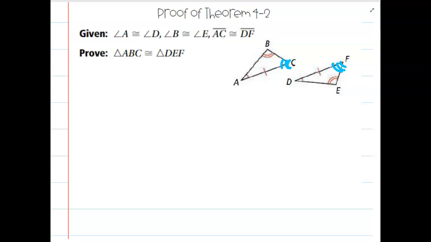So, I'm going to talk more about the process of doing proofs today, and we're going to practice proofs today, practice proofs tomorrow, and practice proofs on Thursday. Lots of proof practicing, okay? Whenever your proof is all done, if the last line says these triangles are congruent by angle, side, angle, in your statement column, you need a statement somewhere along the line that says this angle is congruent to this angle, this side is congruent to this side, and this angle is congruent to this angle.